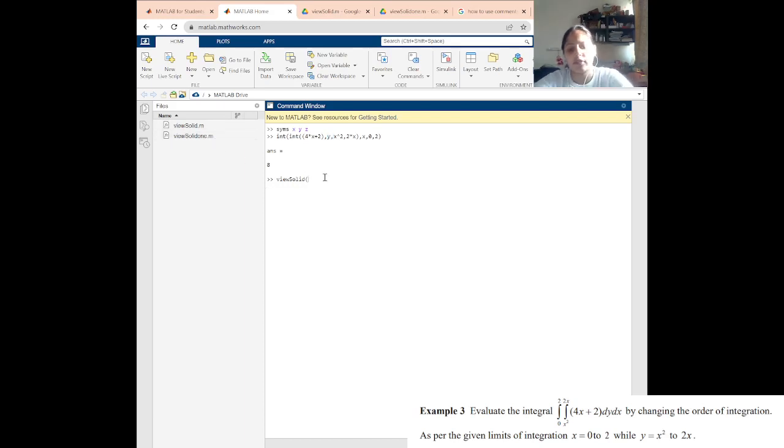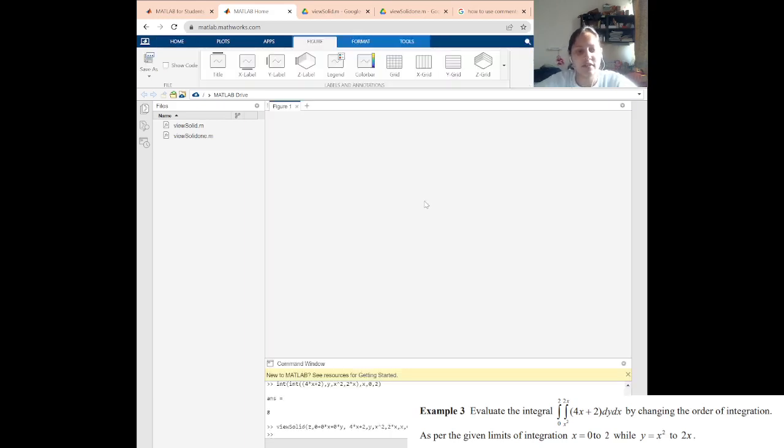So this is our ViewSolid, and this is the syntax, this is the z, this is y, the limits, and then x limits. So this will be our figure.